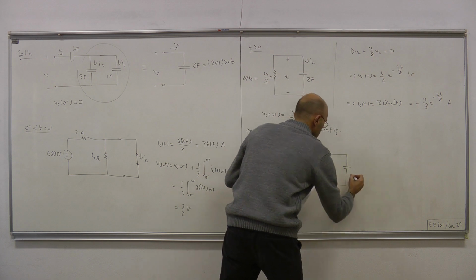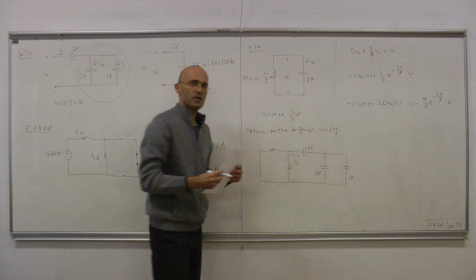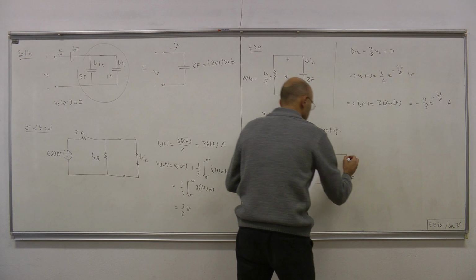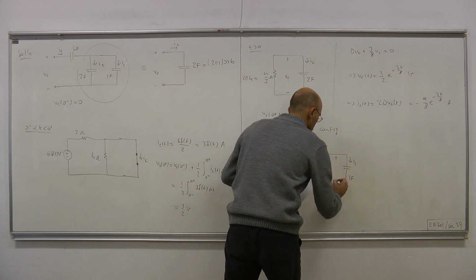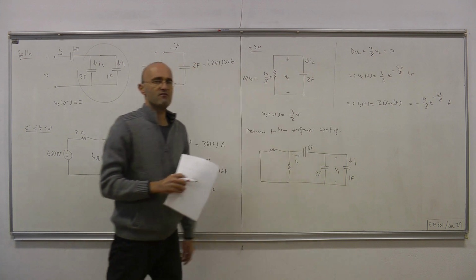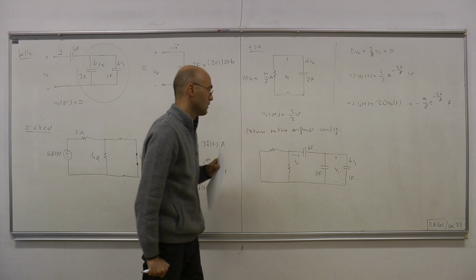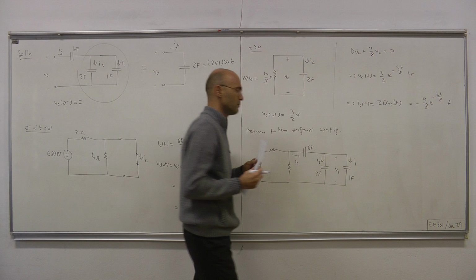This is 2F. This is 1F capacitor. This current is now known. It's IC. Then we have I1, this current. Let's call the voltage V1 of 1 farad capacitor, which also is voltage of the second capacitor 2F. And let's call this current I2.